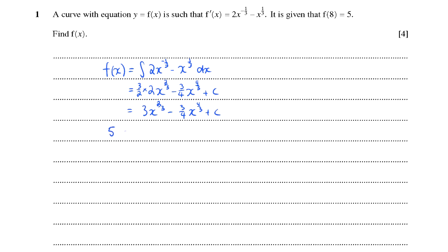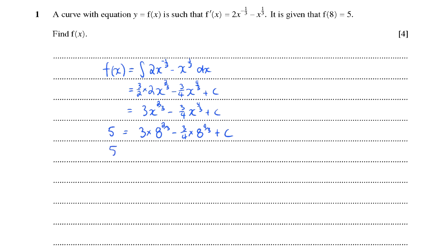So 5 is equal to 3 times 8 to the 2/3. 2/3 means we do the cube root of 8 and then square it. Then minus 3/4 of 8 to the 4/3, the cube root of 8 to the power 4, plus c.